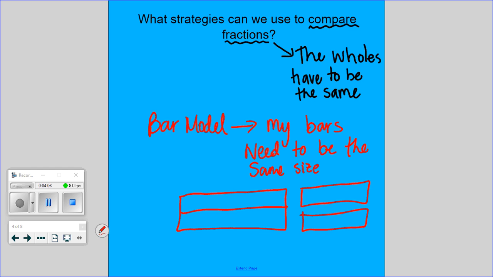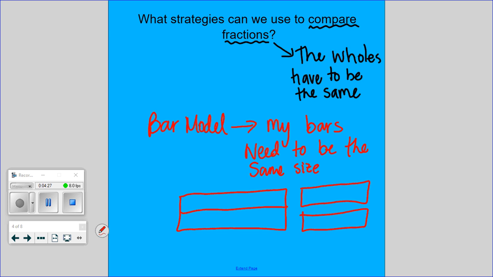Another way can be like if you split it and the other one has smaller size and the other one has like a big size. Yep, so we're going to get into partitioning our fractions, but right now before we can even start fractions, we have to make sure our wholes are fair.